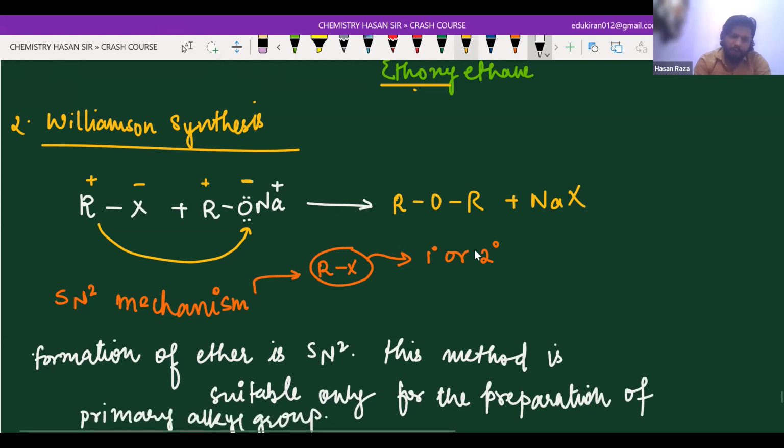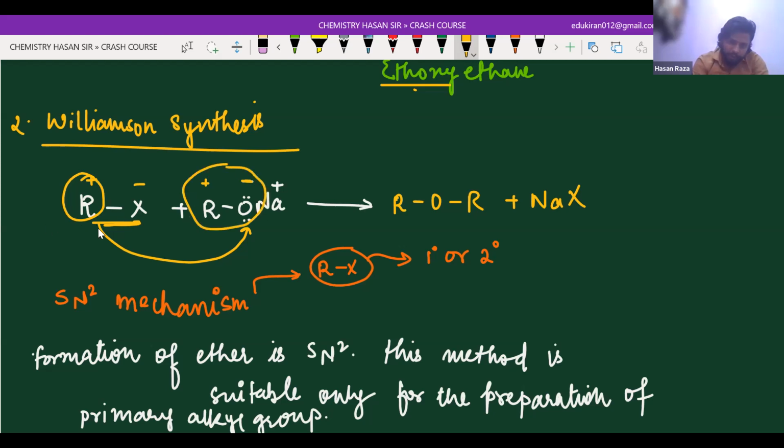If you are going to take a tertiary alkyl group along this side, then you know what will happen. Elimination will compete over substitution, and there will be formation of alkene. Always keep this in mind. This is your alkyl part, and this is your alkoxide part.